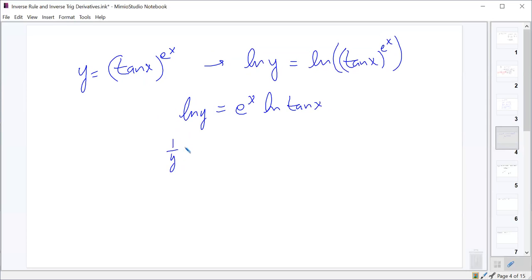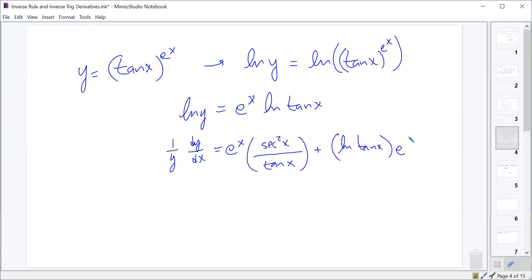So 1 over y dy dx equals the derivative of this, which is e to the x times the derivative of natural log of tangent x. And that's natural log of u, so 1 over u, times the derivative of tangent x, which is secant squared x. And then plus natural log of tangent x times the derivative of e to the x, which is e to the x.